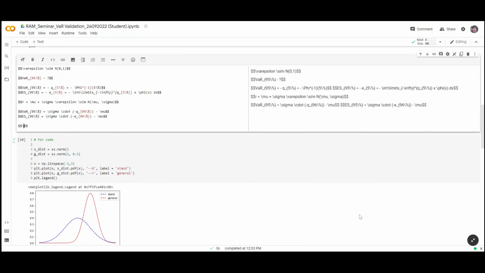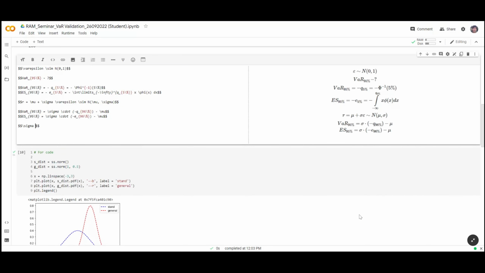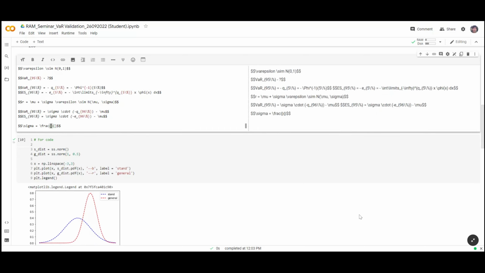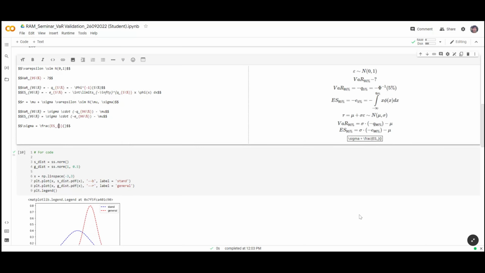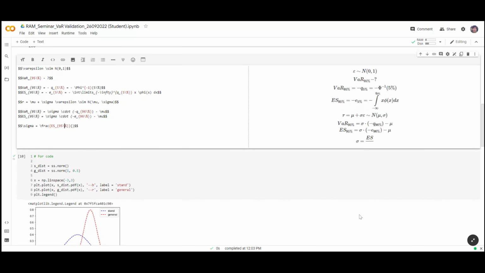It's very easy to do. So sigma is going to be expected shortfall minus value at risk divided by the same difference for the standard distribution, right?